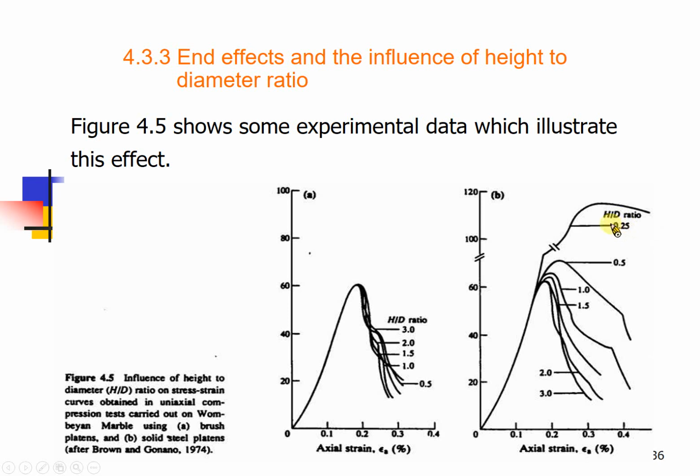It means if the diameter equals 1, then your sample height will be 0.25. Okay? So it is very significantly influenced by the sample size, and the reason will be the end effect.